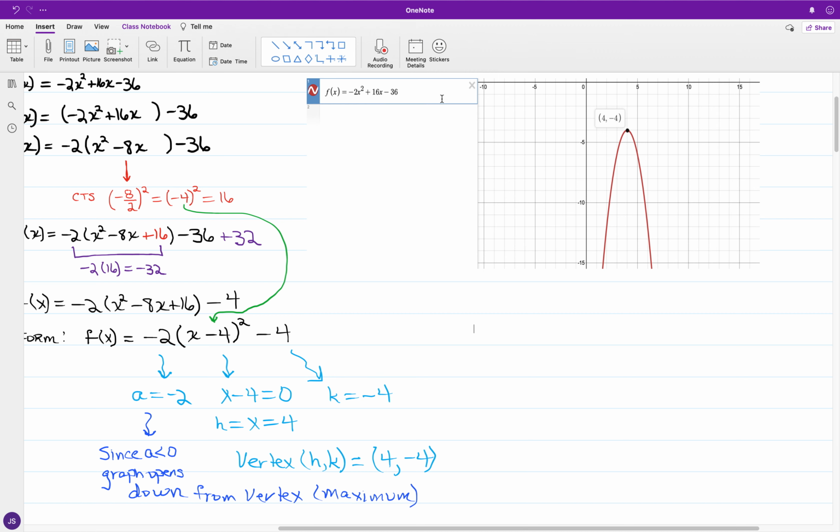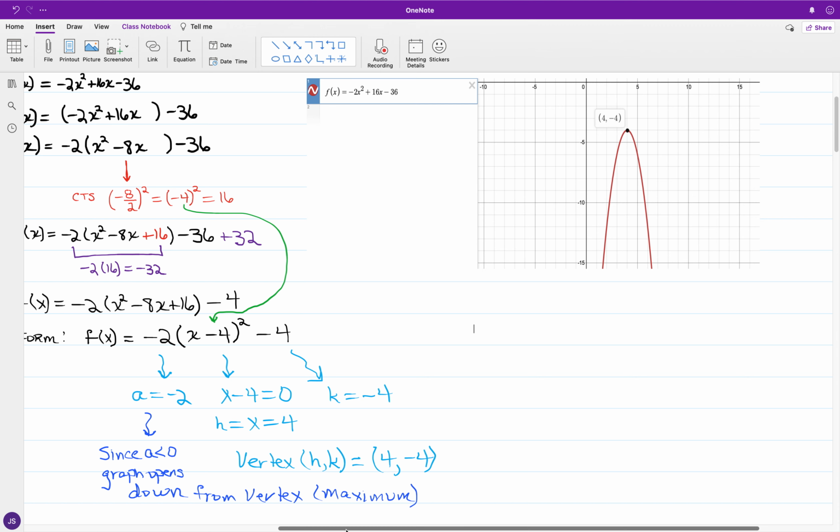The graph is opening downward, and notice you have the vertex at (4, -4), and so that is going to be the location of the maximum. So it occurs at x equal to 4, and that maximum value, your corresponding y or k value, is going to end up at -4.